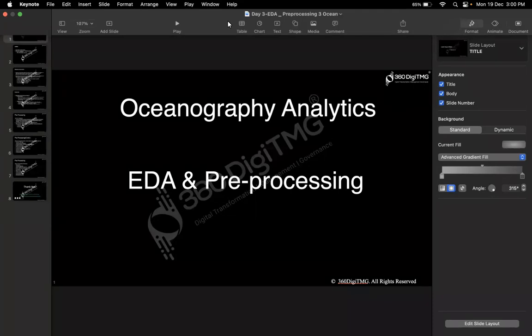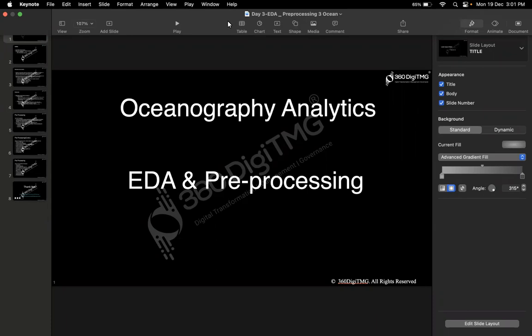On day 1, we learned the introduction to ML and AI in oceanography analytics, and how AI and ML will be useful for oceanography to humans in any ways.